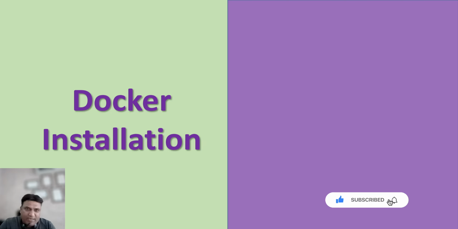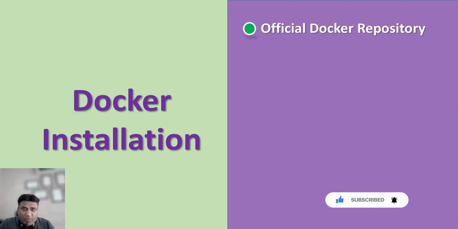Docker installation has so many types. First one is the official Docker repository, meaning you can use the official Docker installation steps, and that is the steps that is highly recommended for your production server.